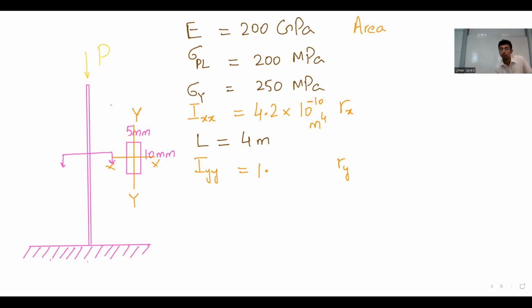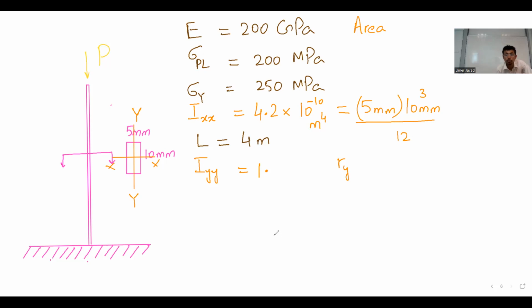Could you please write how we calculate BH cube by 12? Okay. Mitch is asking the question, so I will answer Mitch's question first. IXX is equal to B multiplied by H cube, divided by 12.